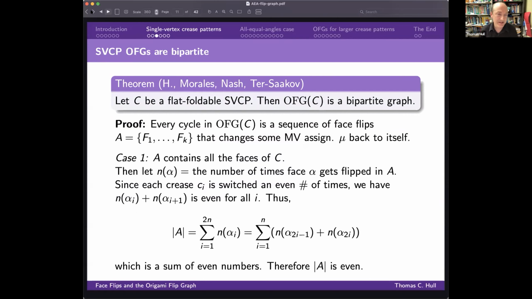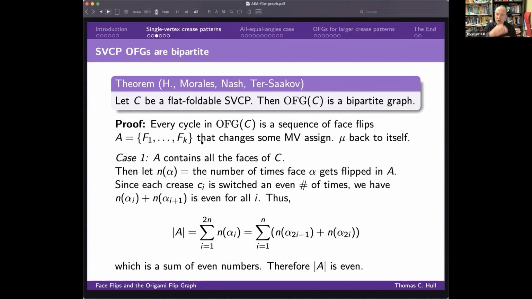So here's the proof of that. It's not a very hard proof. It's kind of fun just to see how we would do something like this. So I let C be a flat foldable single vertex crease pattern, okay? And then I look at the origami flip graph, and I imagine a cycle in it. Every cycle in the origami flip graph is a sequence of face flips, say, which I call A, and maybe the faces are F1, F2, F3, up to Fk, okay?